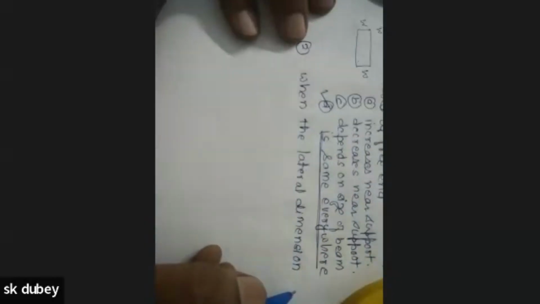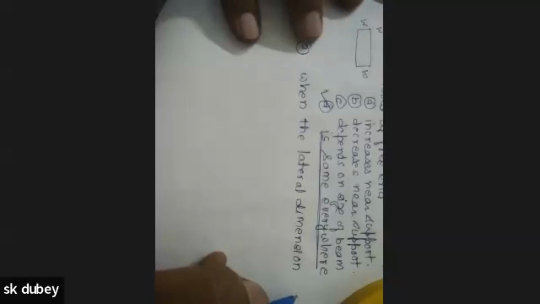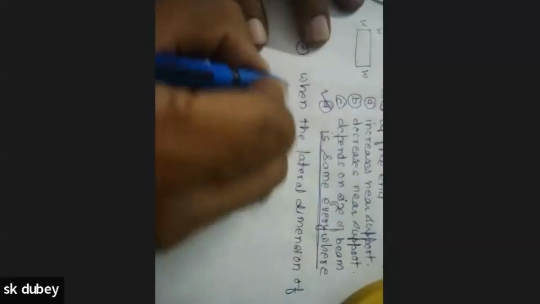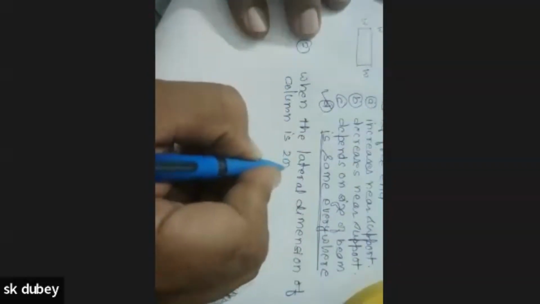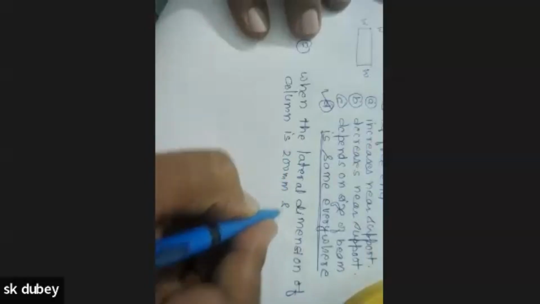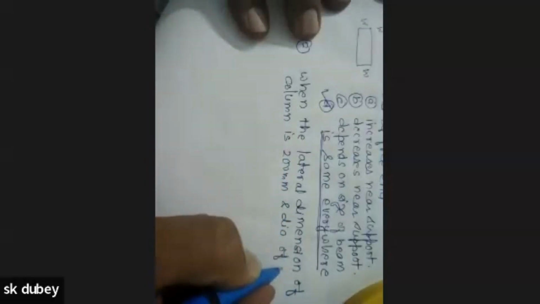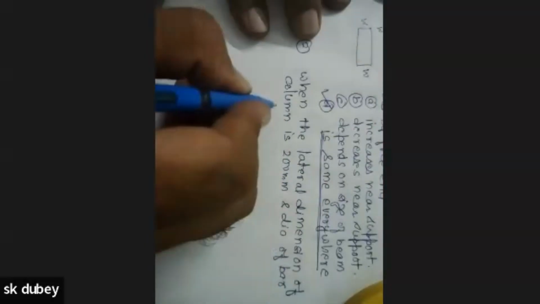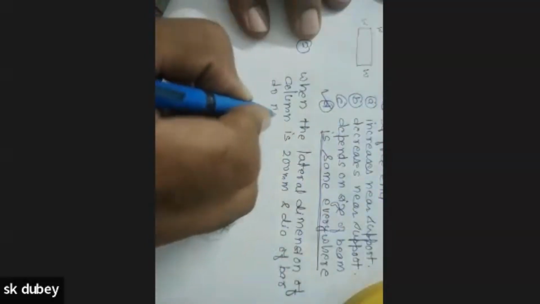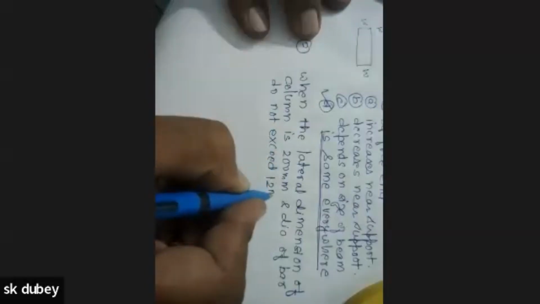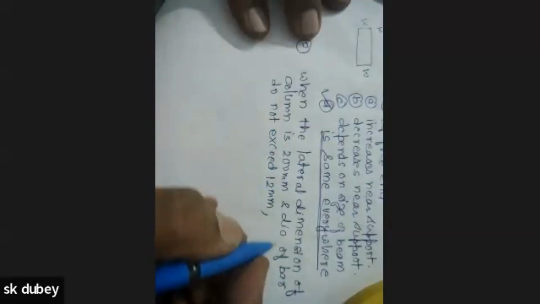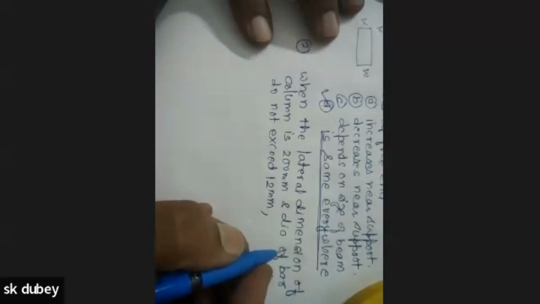We can say least lateral, but it is the language given in the GATE exam, so the same language I am using. When the lateral dimension of column, means one of the sides, is 200 mm and dia of bar does not exceed 12 mm. The bar diameter will not be more than 12 mm and the dimension of the column will be 200 mm or less.